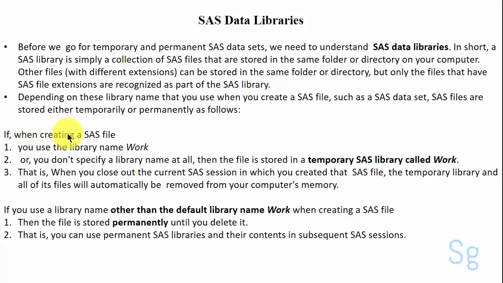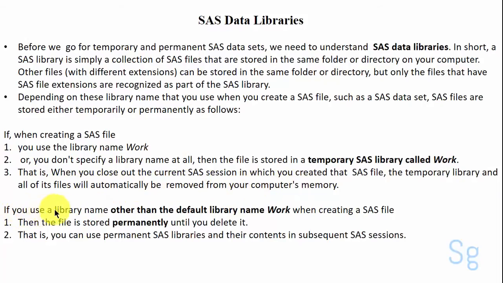If, when creating a SAS file, you use the library name work, or you don't specify a library name at all, then the file is stored in a temporary SAS library called work. That is, when you close out the current SAS session in which you created that SAS file, the temporary library and all of its files will automatically be removed from your computer's memory.